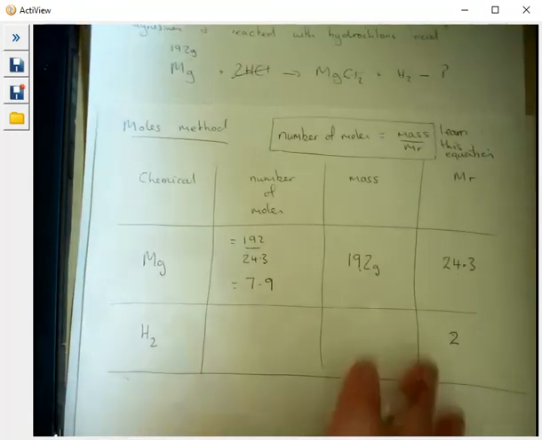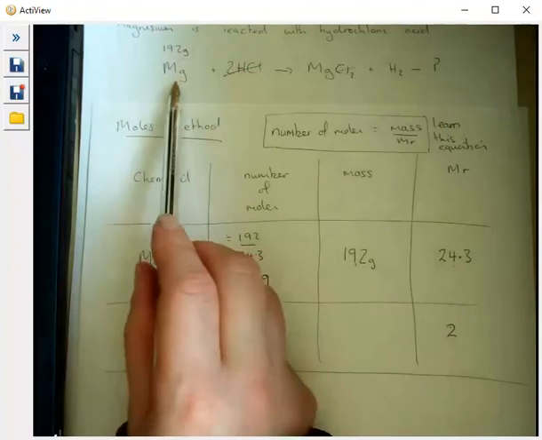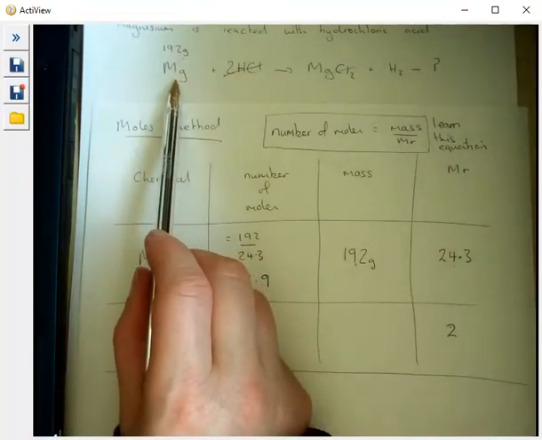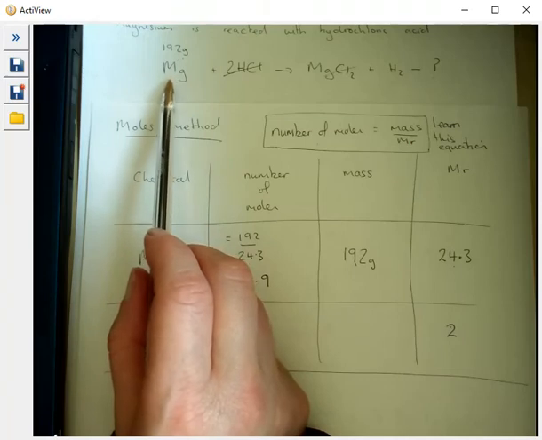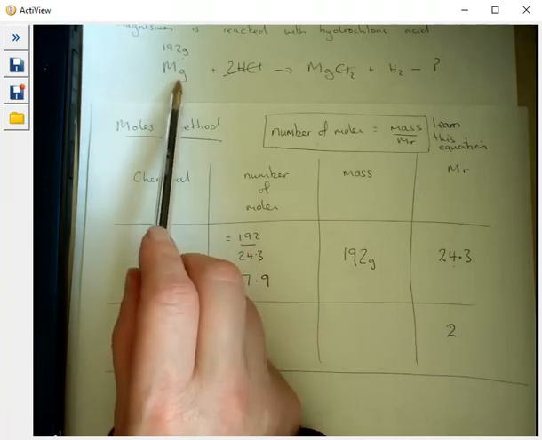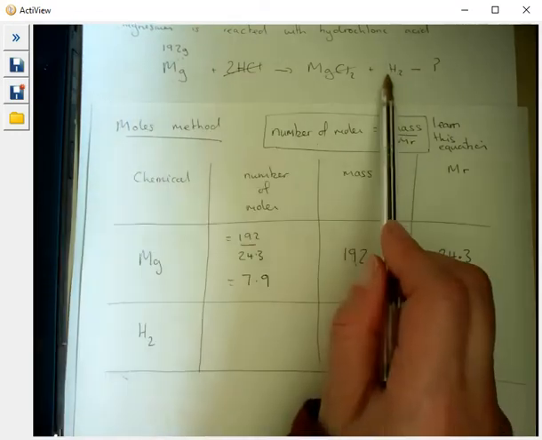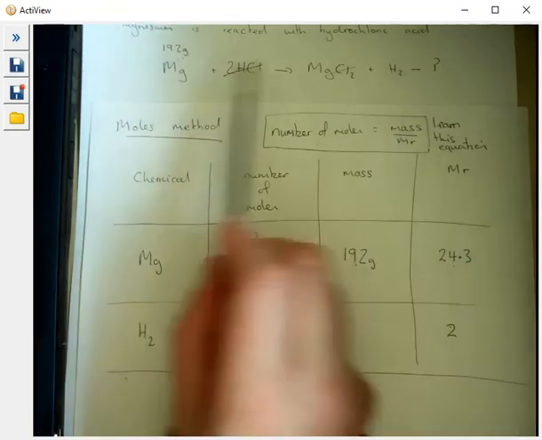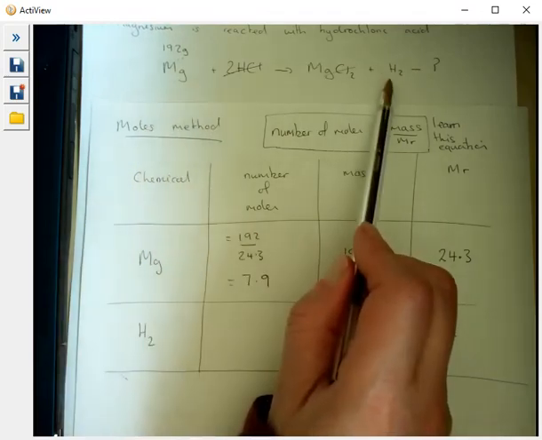Now I need to look at the equation. If we think back to when we did moles, the balanced equation tells us the ratio of the moles of our reactants and products. So in this equation, because there's no number in front of magnesium and there's no number in front of hydrogen, that means 1 mole of magnesium makes 1 mole of hydrogen.